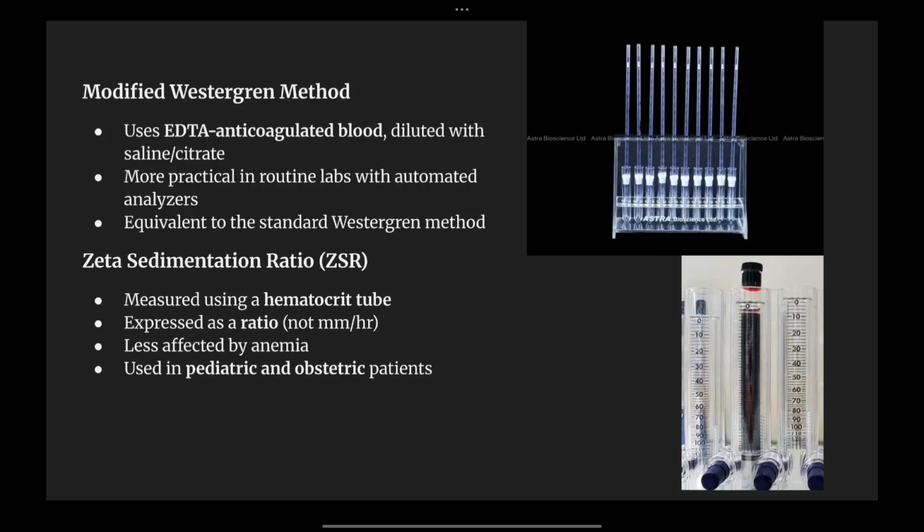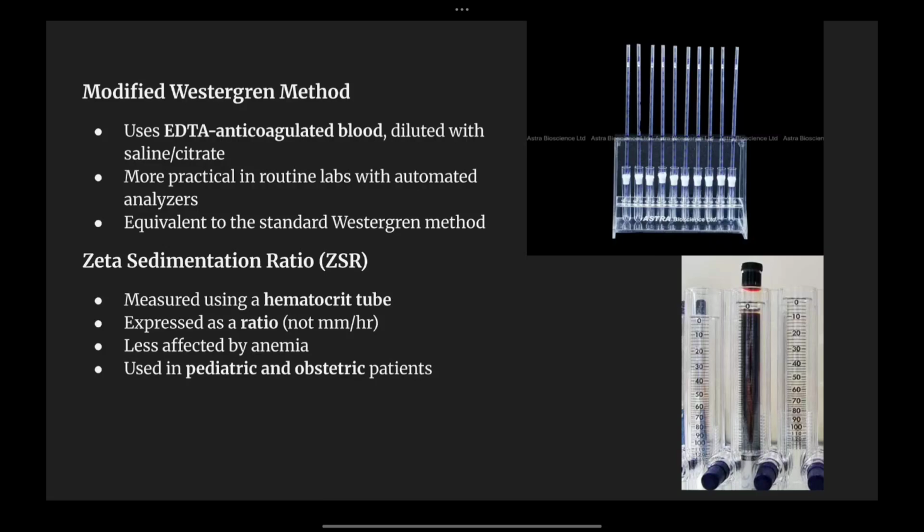Now, zeta sedimentation ratio, ZSR, is used to measure with the hematocrit tube. They have a hematocrit tube over here, and the ratio is taken, not mm per hour. The ratio of the sedimentation rate is measured, not the actual normal values in millimeters per hour.